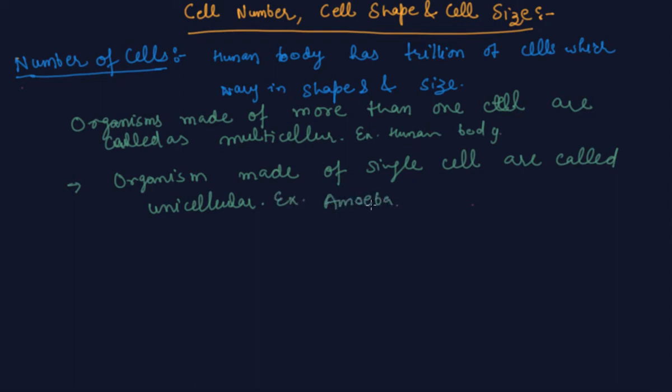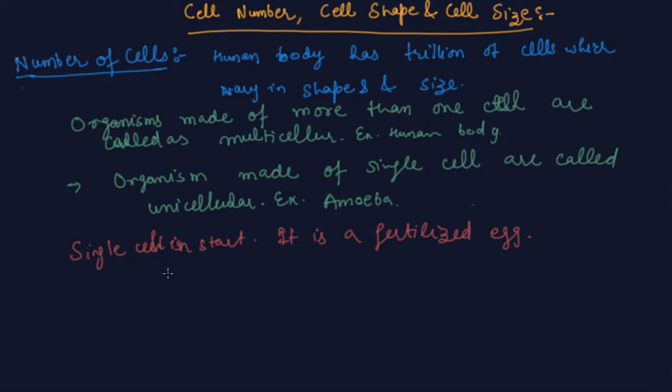There is always a single cell in the very start, and this single cell is a fertilized egg. It multiplies such that it forms a multicellular body.